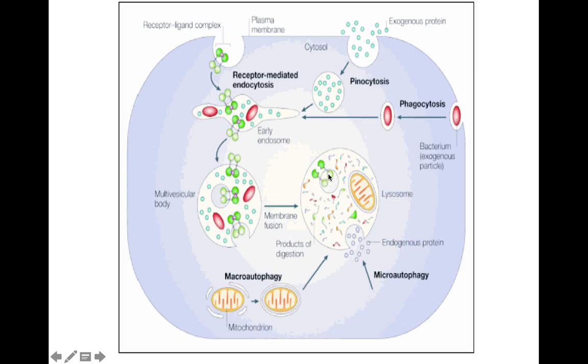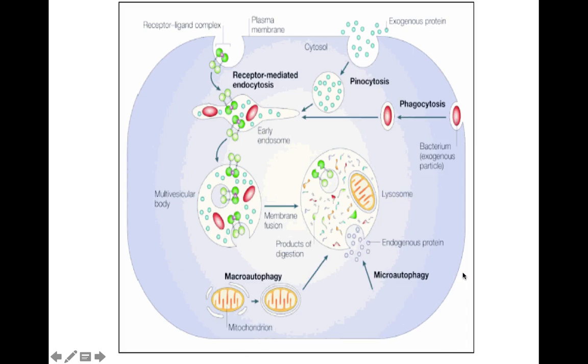It has got some receptor-bound products which ended up here because of receptor-mediated endocytosis. And this lysosome can also pick up other products from within the cell, which were components of the cell itself.